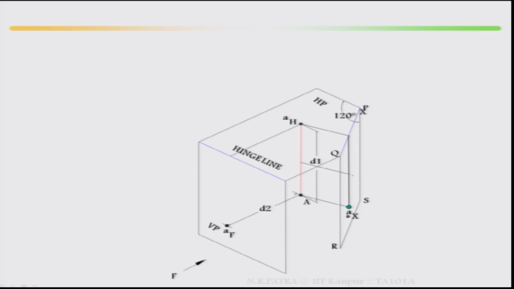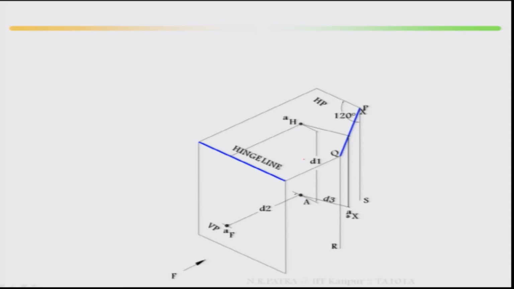Point A is located at a distance D2 with respect to the front plane, and at a distance D1 with respect to the horizontal plane.